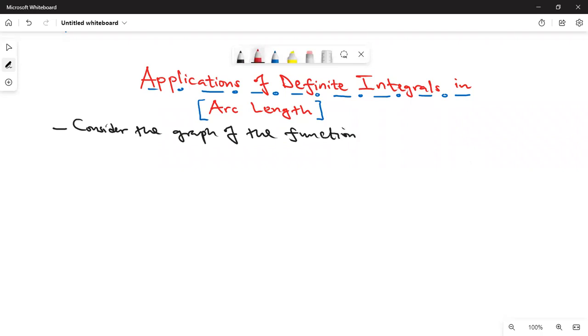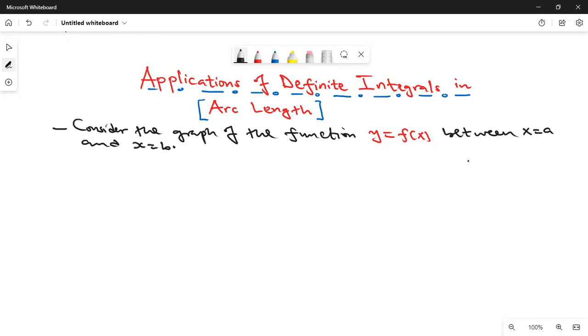Our function here is y equals f of x between x equals a and x equals b.